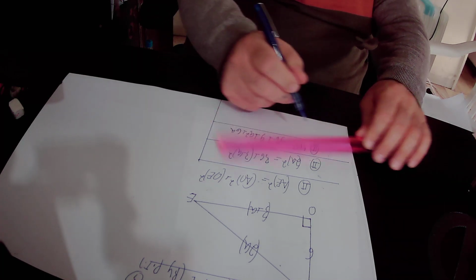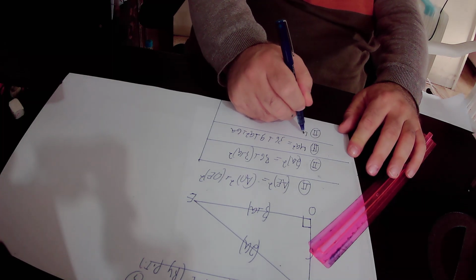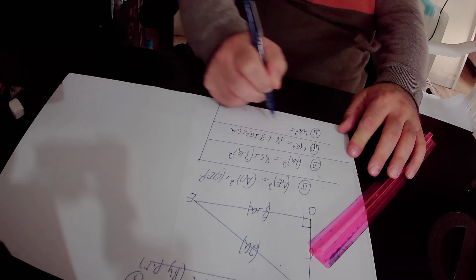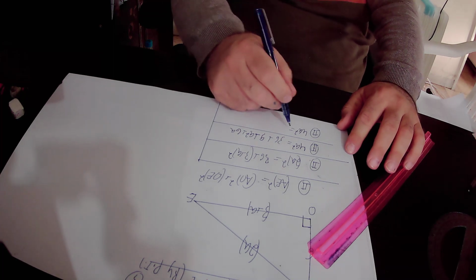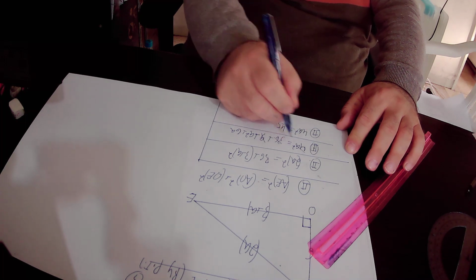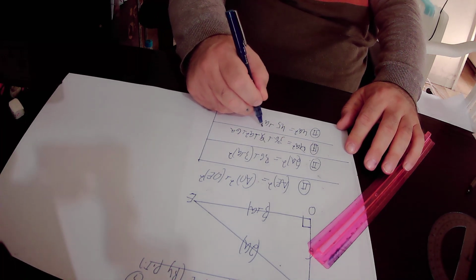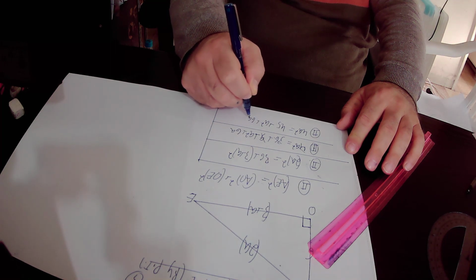So actually, according to equation number 2, 4A squared equals 36 plus 9 is 45, plus A squared plus 6A.